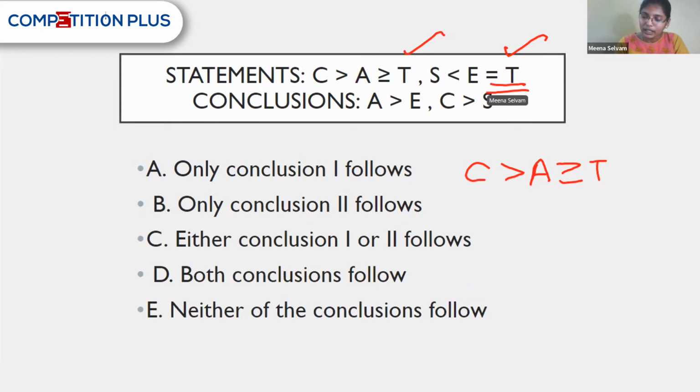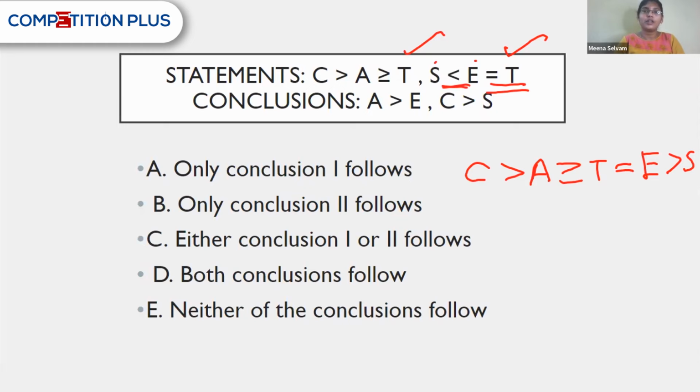So T is actually equal to E and E is greater than S. While you are combining, you should be very careful about which letter is lesser than the next element. See, actually S is less than E here. The same meaning should be portrayed when you combine and write your statement. If you make a mistake here, then your answer would be wrong. Okay, so be very careful when you're combining your statements.